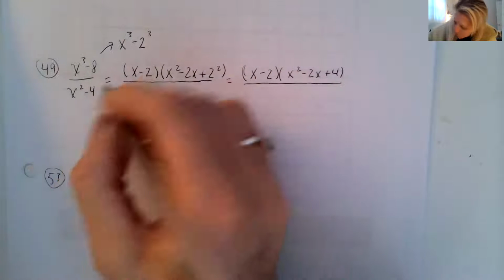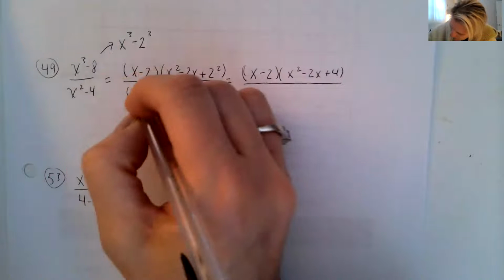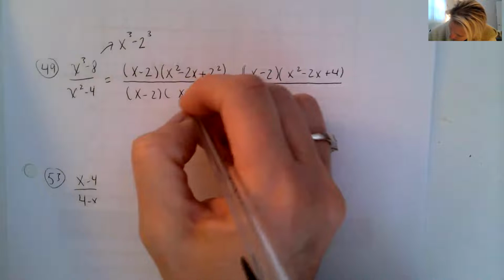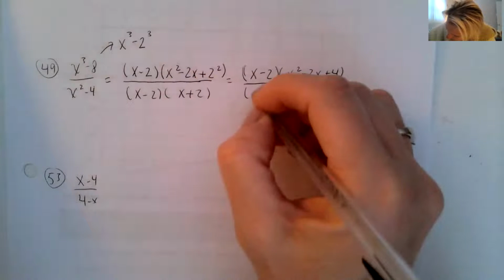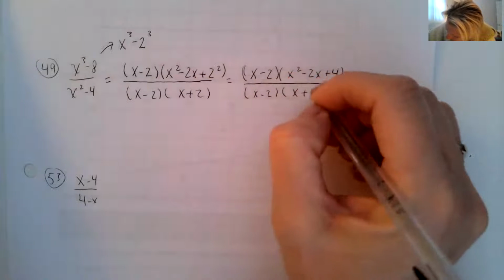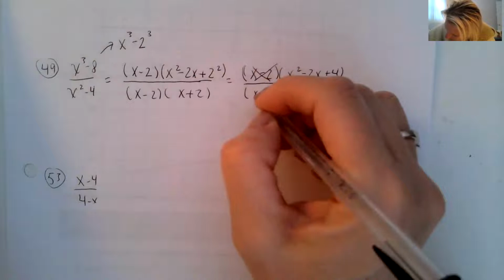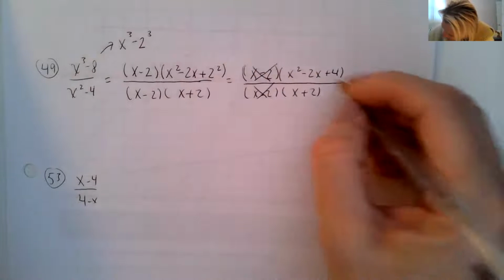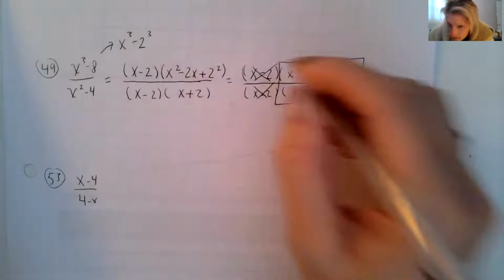And then in the denominator, we have a difference of squares. So that's x minus 2 times x plus 2. Let's just rewrite that. And then our x minus 2's cancel, and we are left with this.